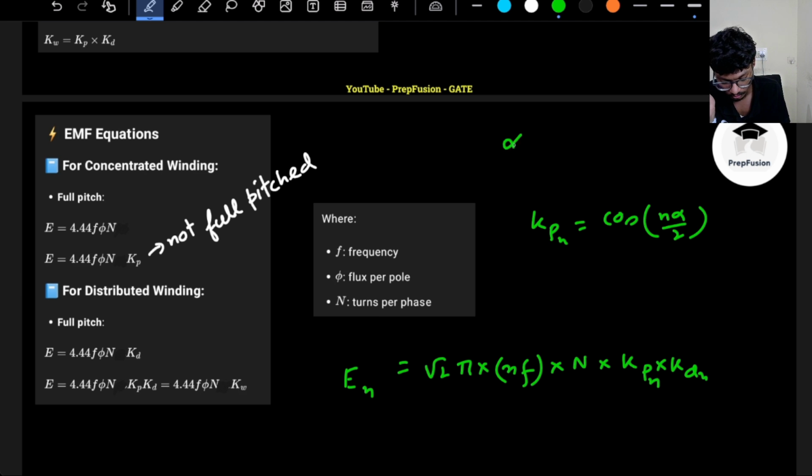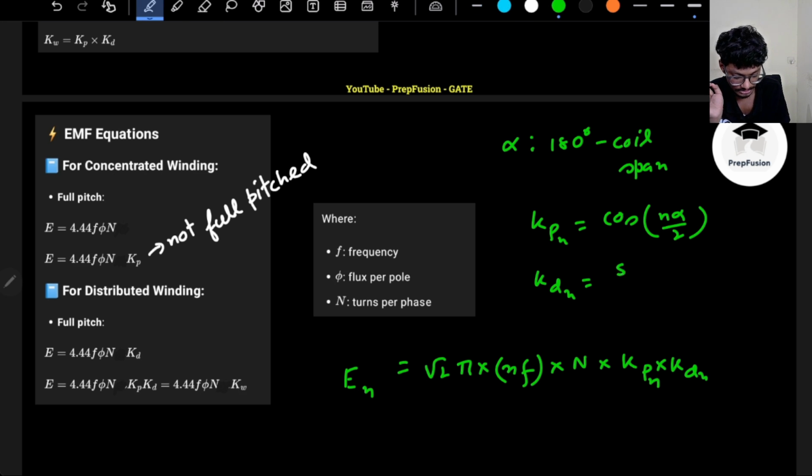So this slide is the most important one. Alpha was 180 degrees minus coil span. And what is Kdn?